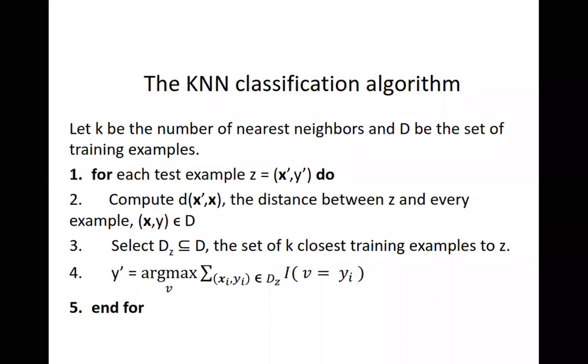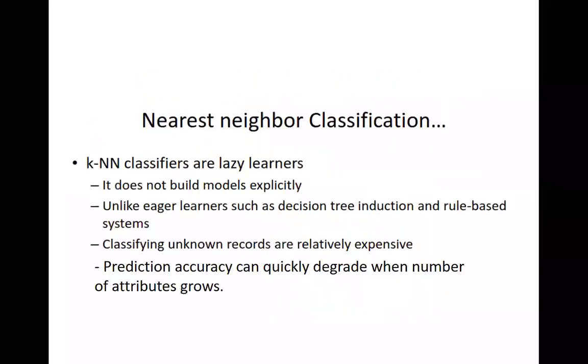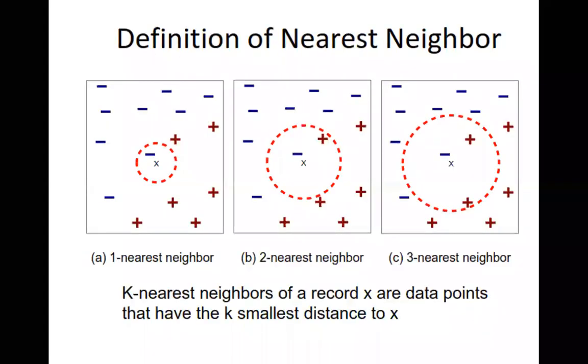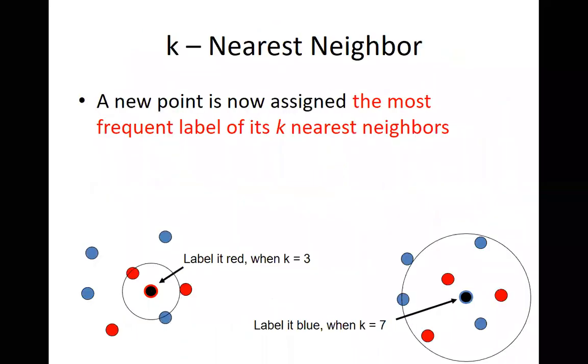They will ask like that for 8 marks or 10 marks. You have to write this algorithm. You have to give these kinds of examples. If you give more number of examples, you will get more marks. One nearest neighbor means what will happen, two nearest neighbor, three nearest neighbor. Or you can give examples like this.